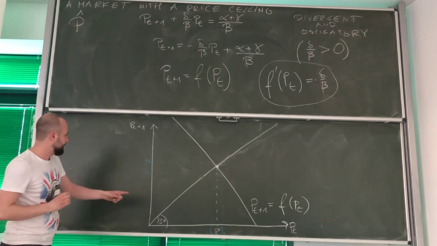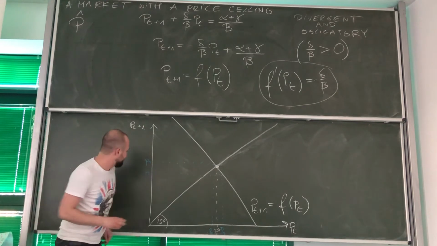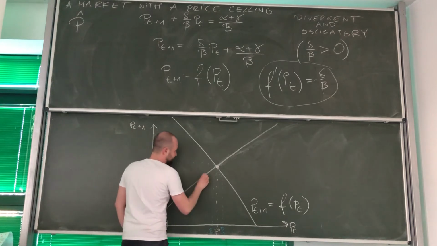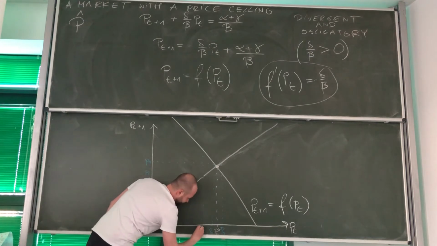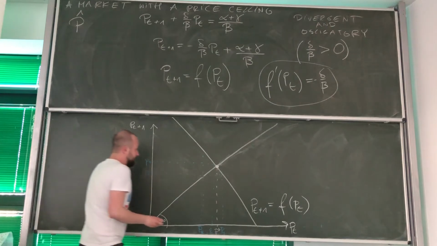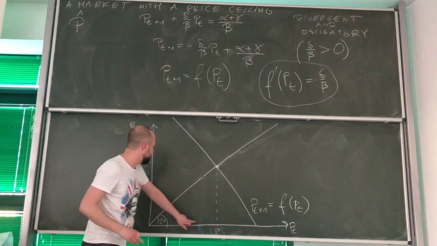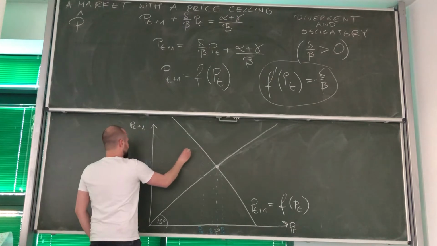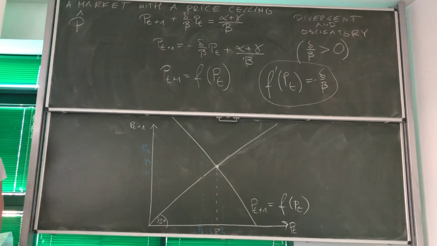But if price in the period t plus 1 is P2, then here we can find price P2 on the pt axis. And then again you will be able to see that for this price we will have a very high price in period t plus 1.